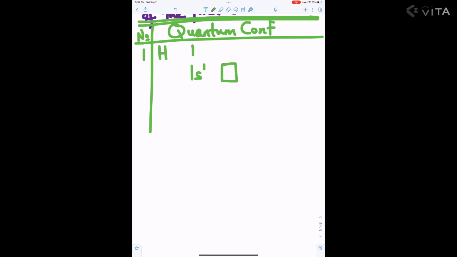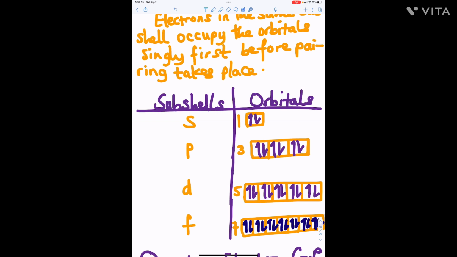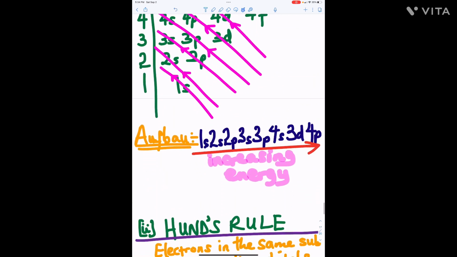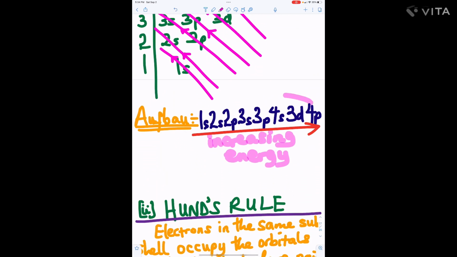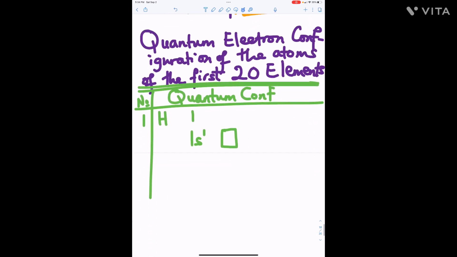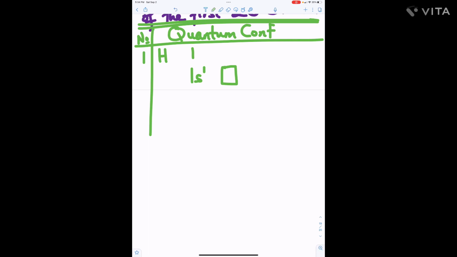So that single electron will be filled into the 1s subshell, because our rule says we should start filling electrons into subshells starting from the ones with the lowest energy. So we fill the 1s first before 2s, 2p, and so on. The 1s subshell has just one orbital that can take 2 electrons, but here we have only 1 electron. So this will be the quantum electron configuration of hydrogen.